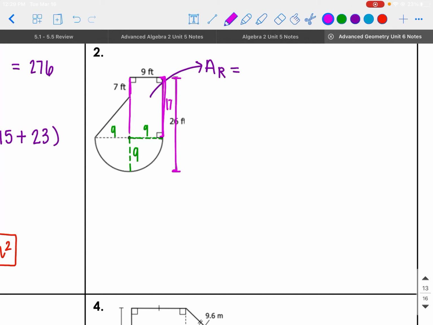And if we have 7, that means right here is 10. All right, so back to the rectangle. Area is 9 times 17, which is 153.